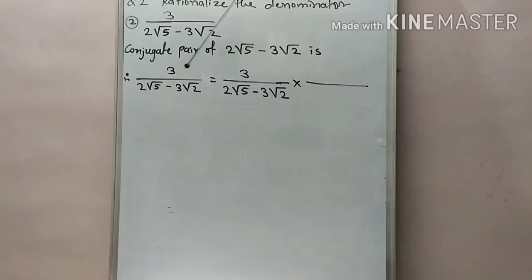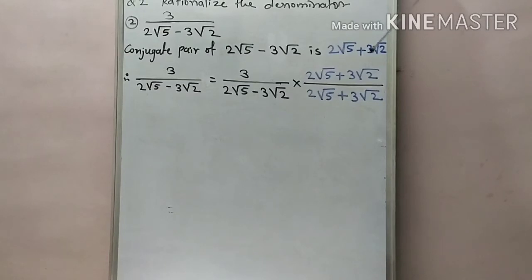Then we multiply the numerator and denominator by that conjugate pair. Understood? The conjugate pair of this denominator is 2 root 5 plus 3 root 2, and we multiply the numerator and denominator by its conjugate.